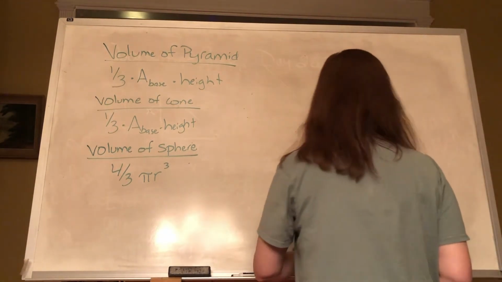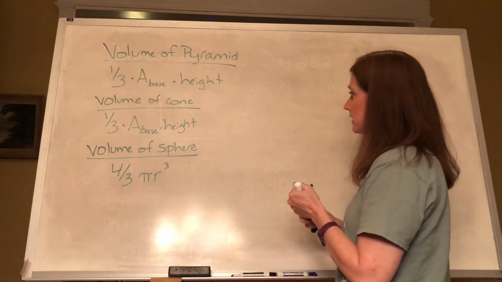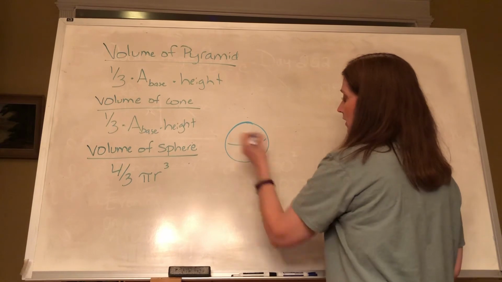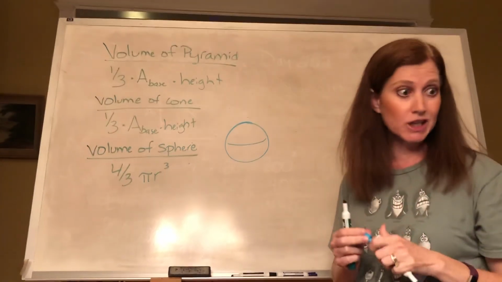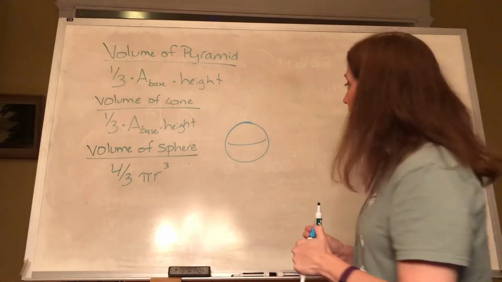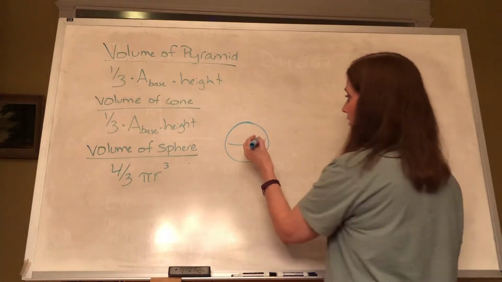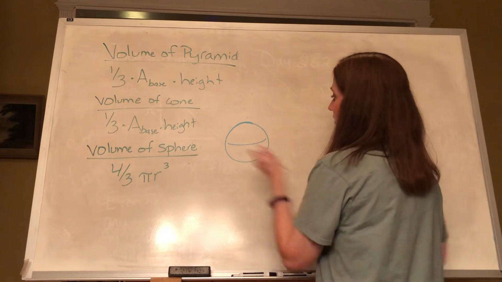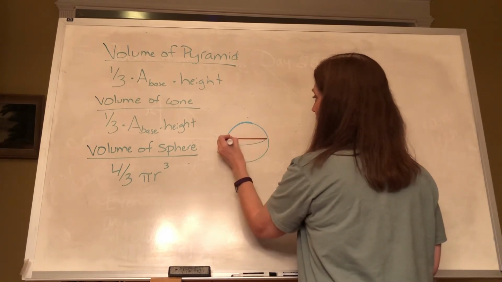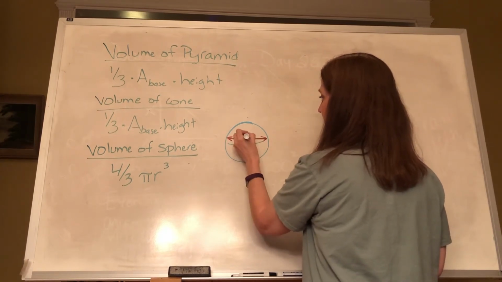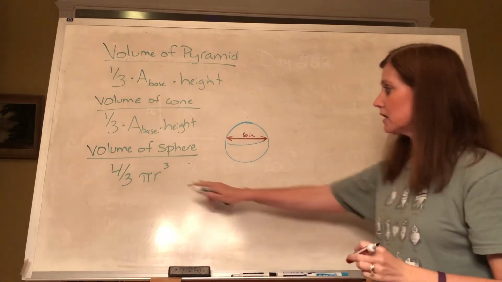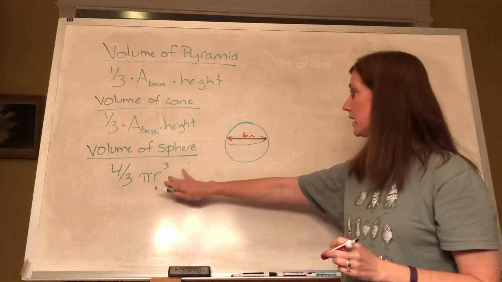So just doing a couple examples of these, if we have a sphere, I'm just going to have to pretend that that's 3D, and we know that the diameter across of this sphere is 6 inches. To find the volume, we're using our equation here, we need the radius.